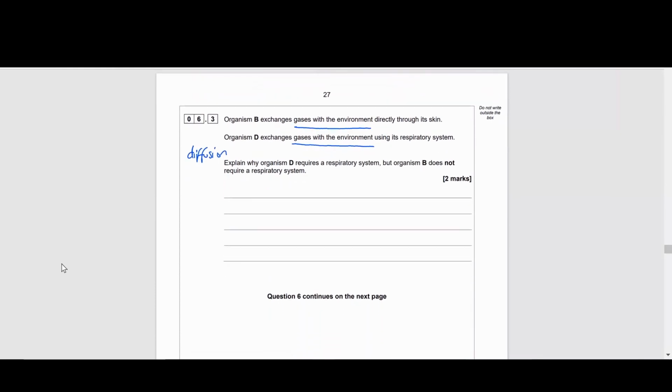Well, let's clarify with our first point. Organism D has a smaller surface area to volume ratio. And again, we need to think, how is that linked to diffusion?